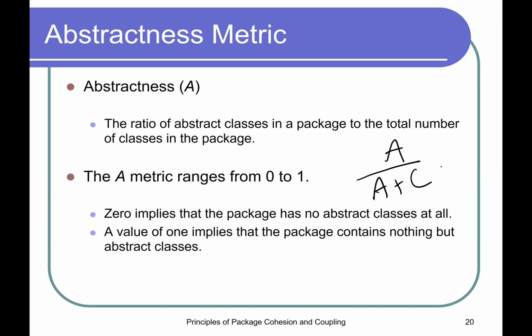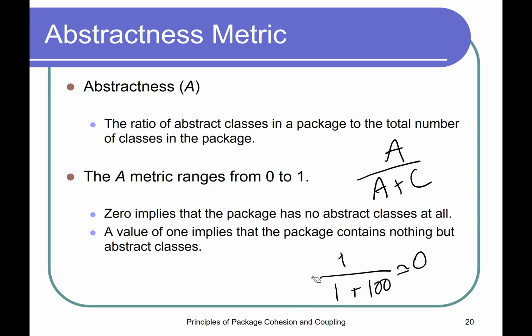Let's say I have many abstract, 0 concrete: 100 divided by 100 plus 0 gives me almost 1. Vice versa, if I have almost nothing that is abstract and everything is concrete, for example 1 divided by 1 plus 100, that's almost equal to 0.